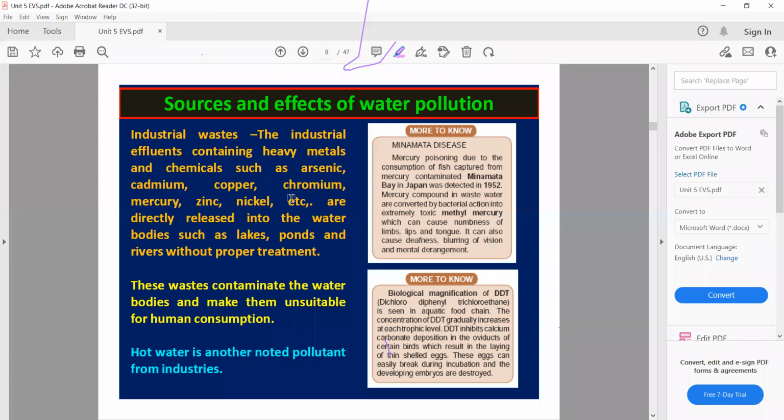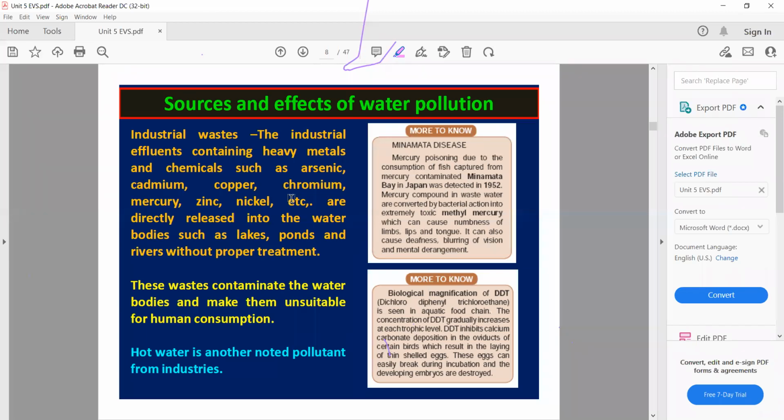Now, when industrial effluents are given out into water bodies, first of all, they should not be given out into water bodies. Second, if they are helpless, even if it is being given out, it should be processed.